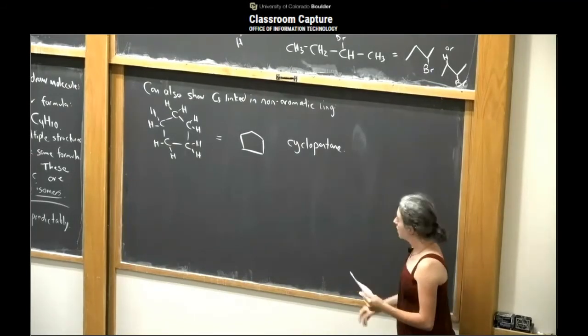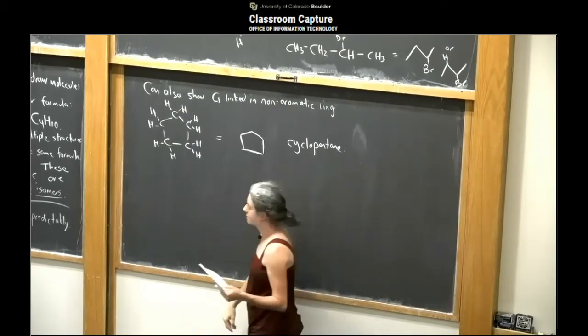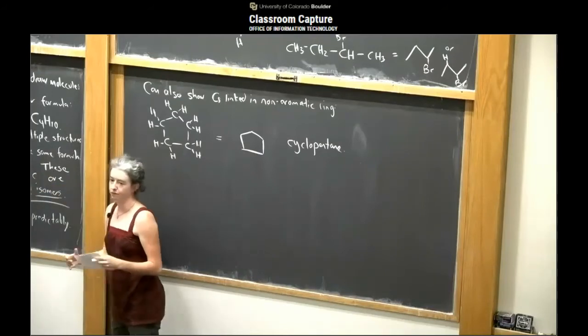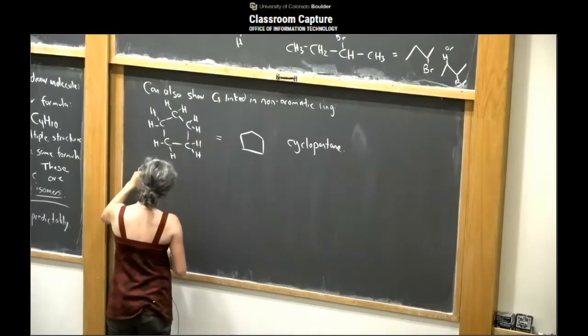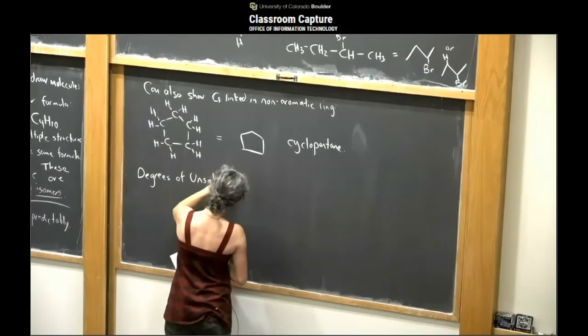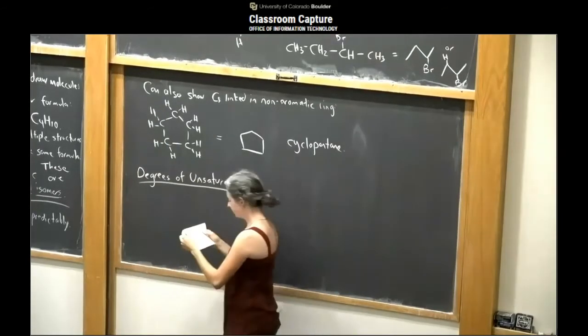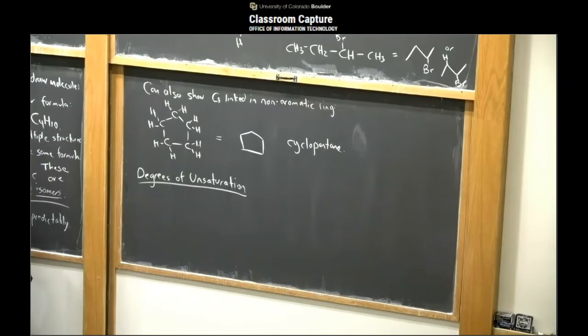Before we go on to that, we're going to take a minute and look at one more thing to do with molecular formula that's interesting and useful for lab this week. And that is degrees of unsaturation. You may have noticed that everything in this table is following a pattern. It's a string of carbons with 2 H's on each, a string of methylene units, and then the ends of the chain are capped off with a couple extra hydrogens.